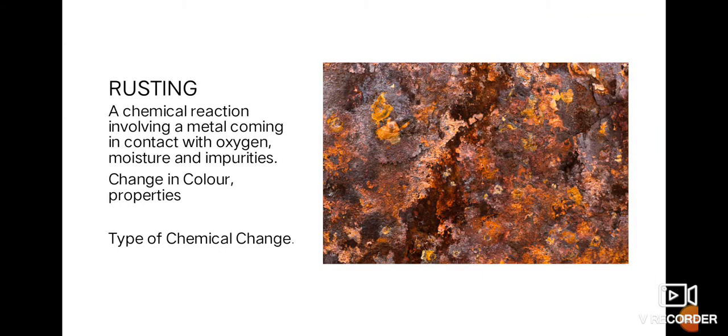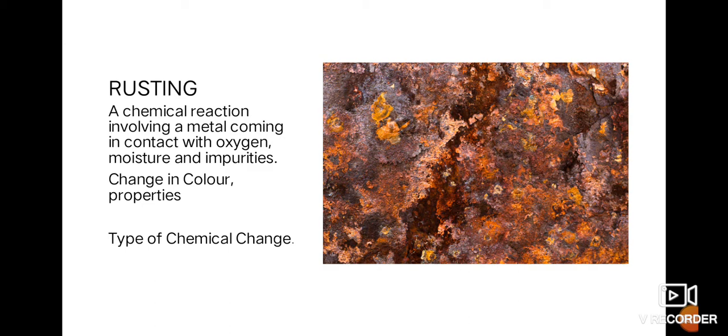Now, moving across to a slow chemical change that is called rusting. In case of rusting, any kind of metal, specifically iron, when it comes in contact with oxygen, moisture, and impurities, will change its color and its physical properties too.